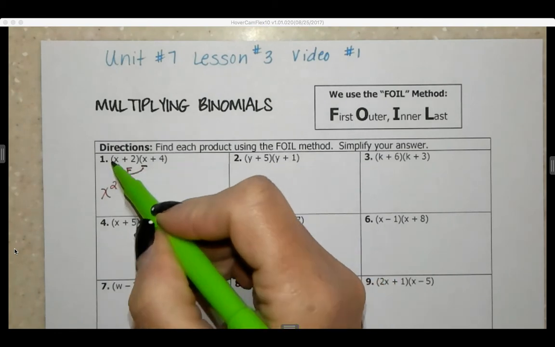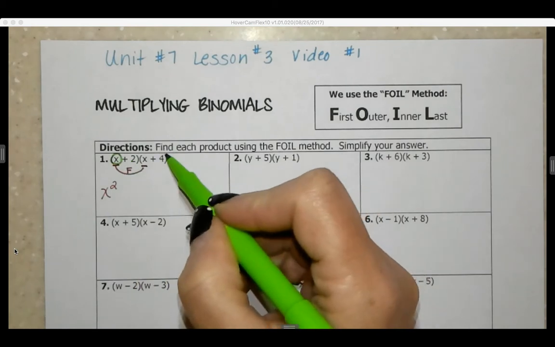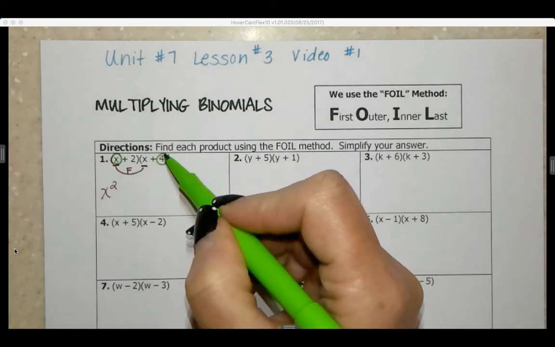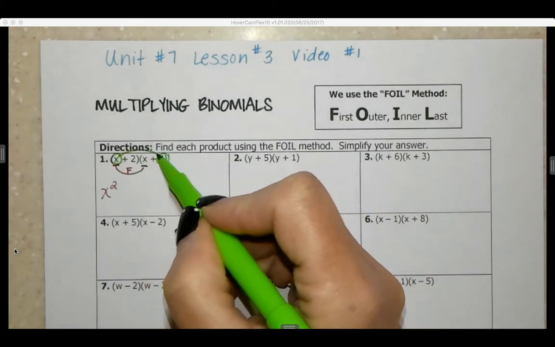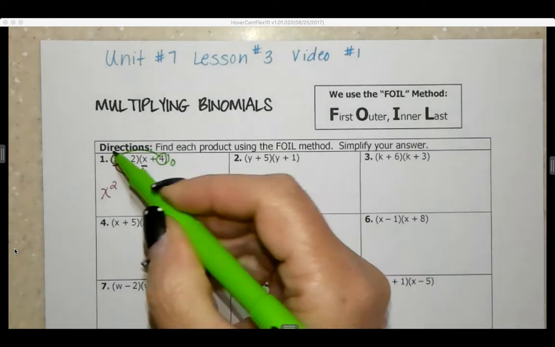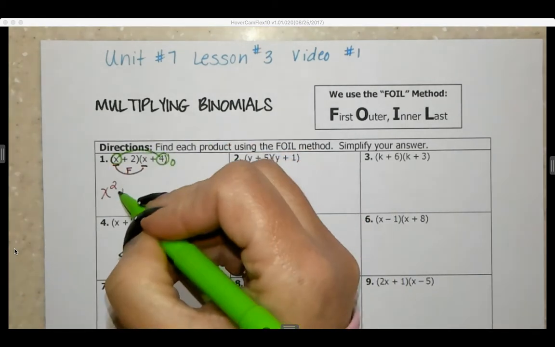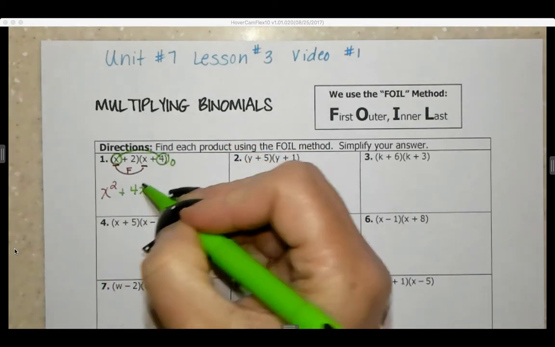So you're going to multiply this x, this is going to get a little sloppy, times that 4. That is the O. Outer terms. What's x times 4? 4x. Happens to be positive.